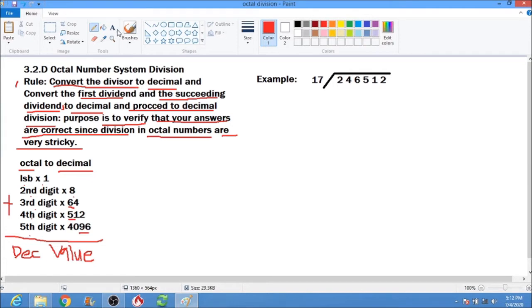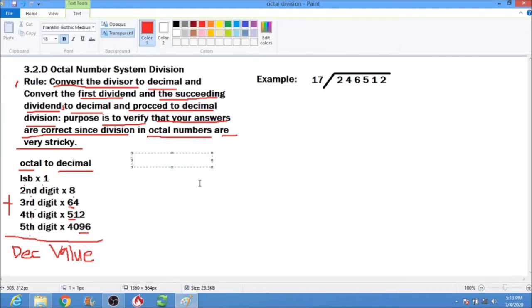First, convert the divisor. Our divisor is 17, so convert to decimal. 1 times 7 is 7.